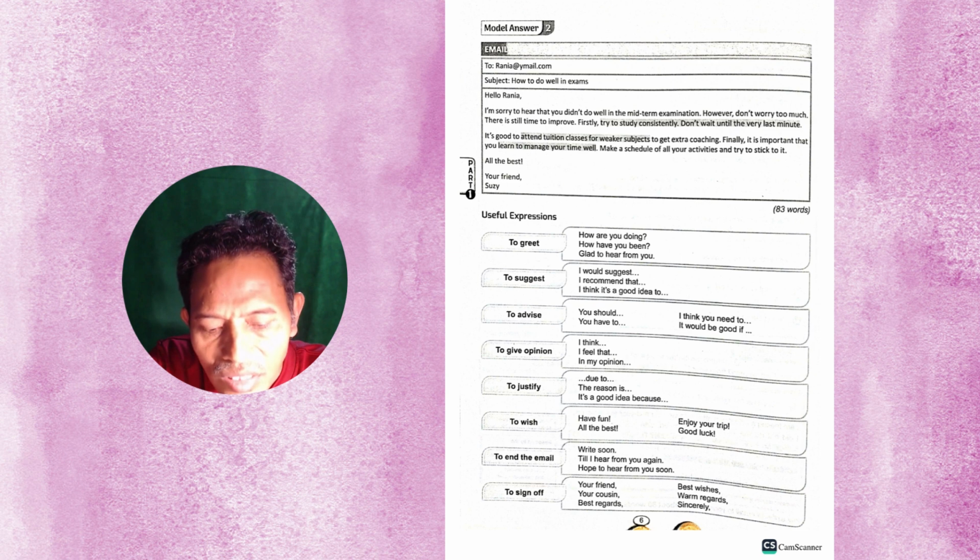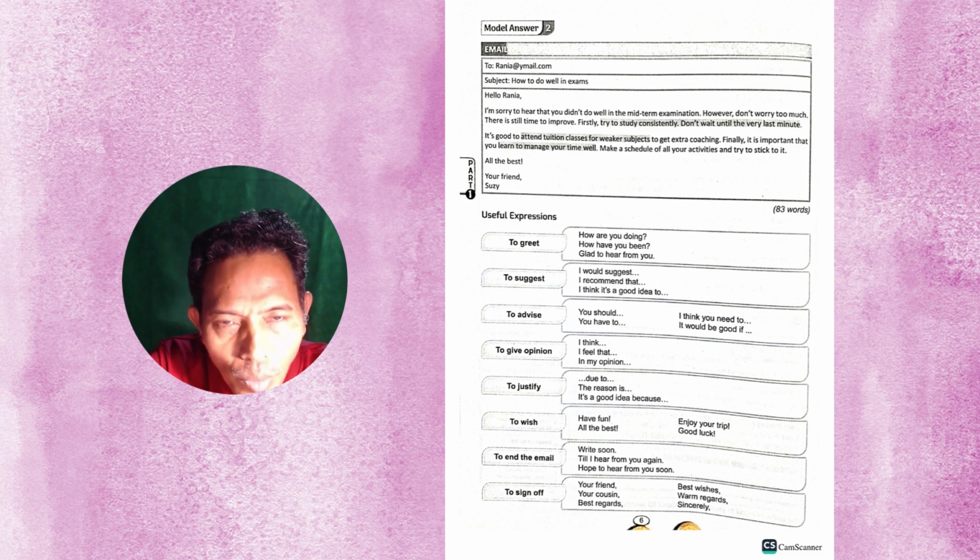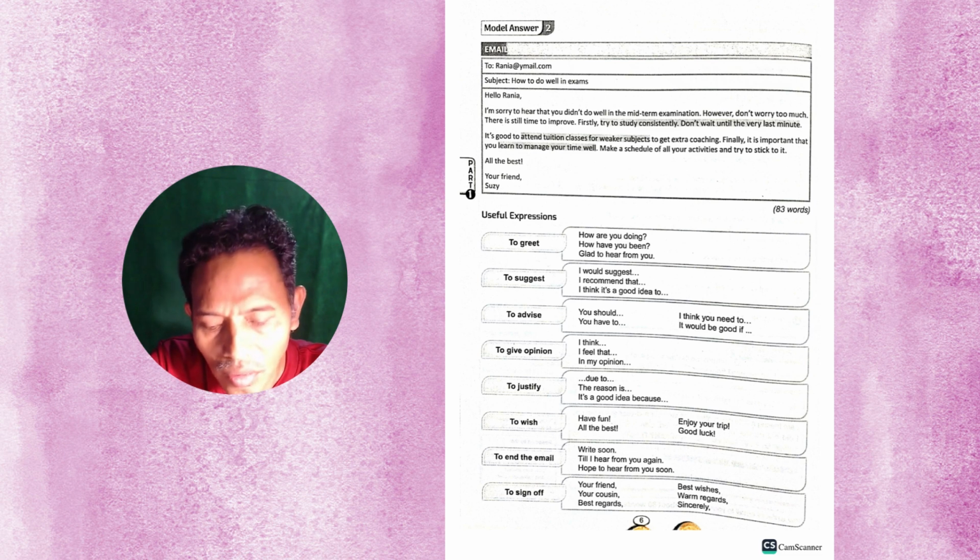Don't wait until the very last minute. It's good to attend tuition classes for weaker subjects to get extra coaching. Finally, it is important that you learn to manage your time well. Make a schedule of your activities and try to stick to it. All the best, your friend Susie.